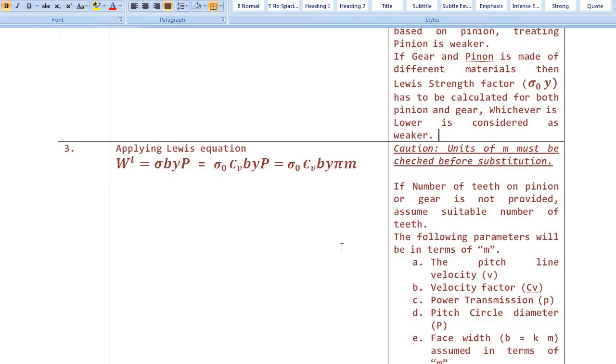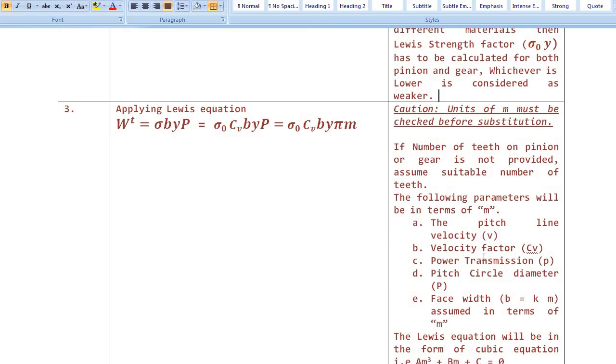Let us see which terms are converted: the pitch line velocity V is in terms of module, which comes into the velocity factor Cv; then the power transmission; the pitch circle diameter, that is pi into m; and the face width b, which we assume as k into m. This k into m, that is 10 times or 20 times the module, is considered for face width.